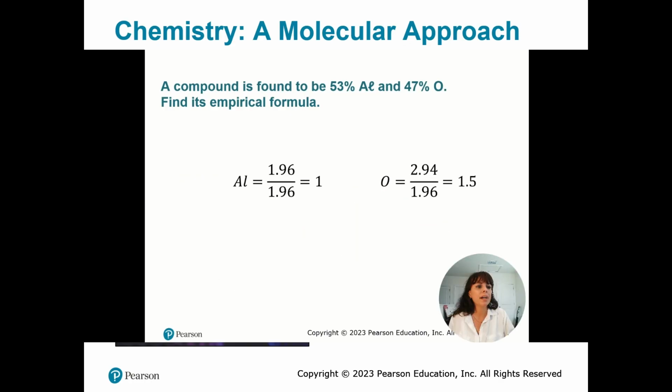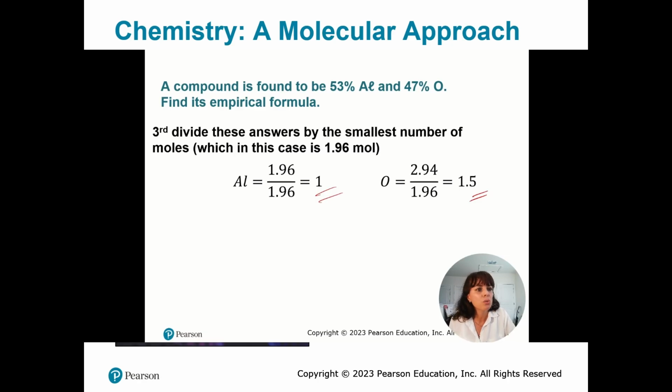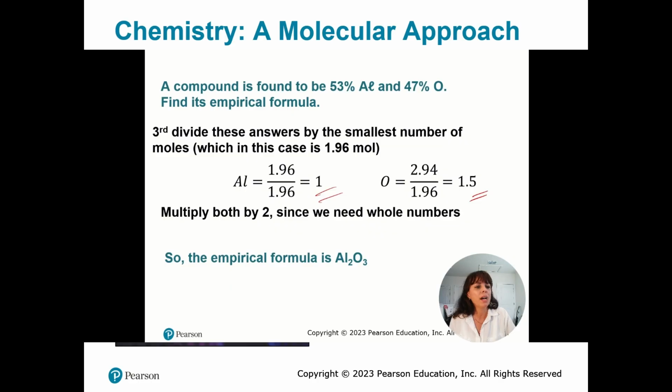You divide both by the smallest number and you're going to have the ratio over here, 1 and 1.5. Remember, if it's 0.5, what do I do here? Multiply by 2, so then you're going to have whole numbers. So this is my final formula.